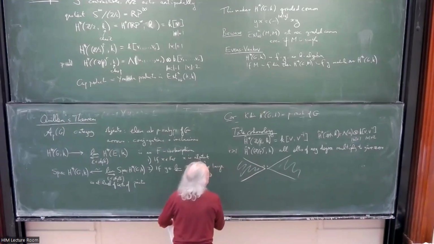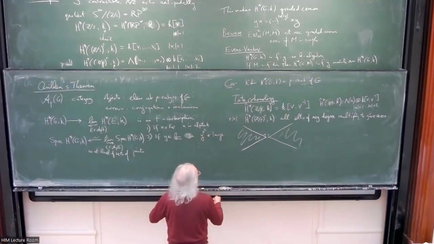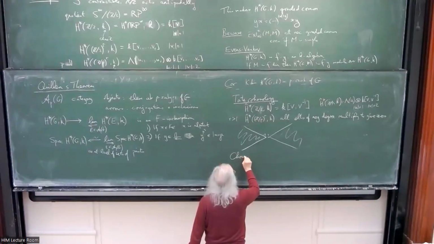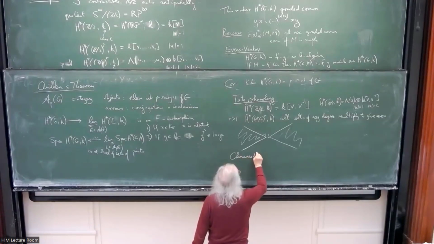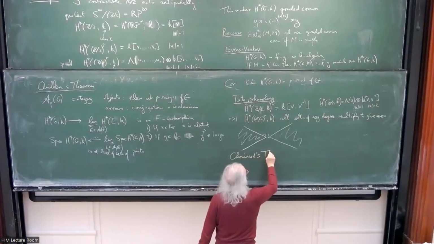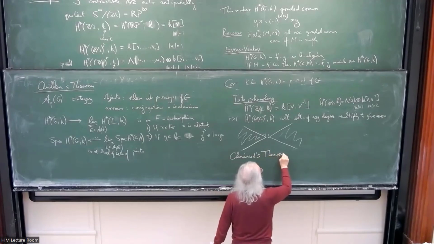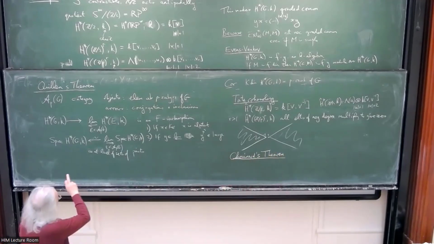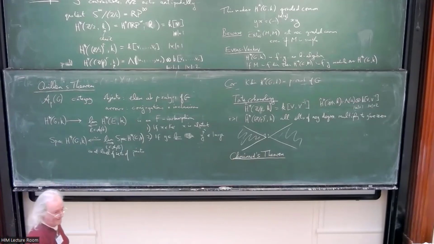Then the next thing to tell you about is Chouinard's theorem, which is closely related to this theorem of Quillen.